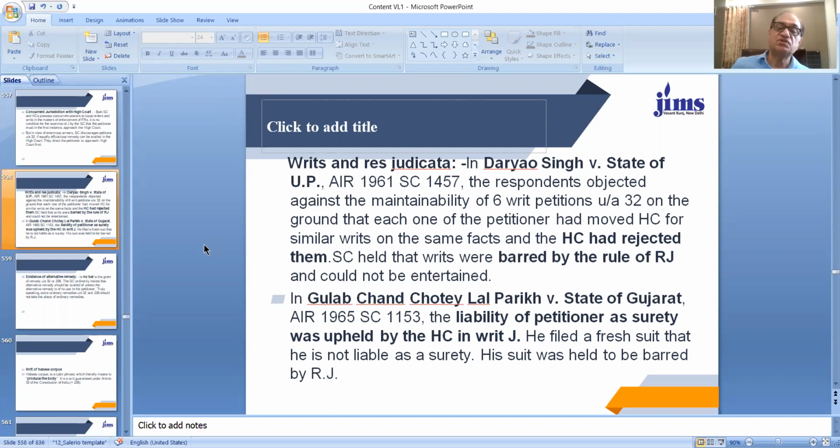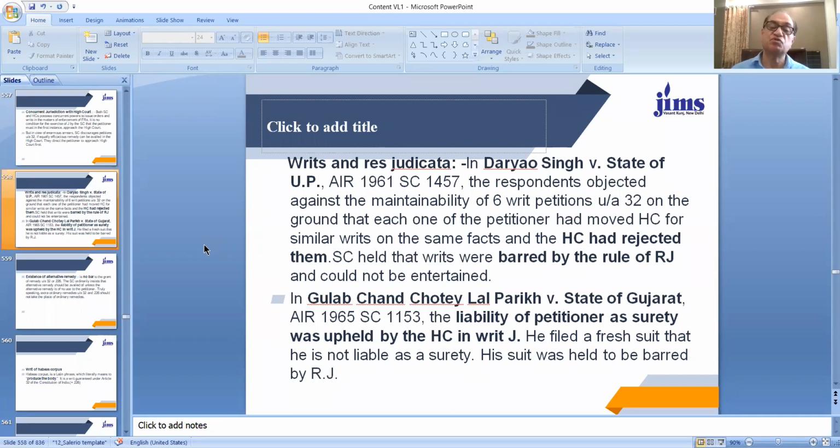Similarly, Gulab Chand Chotelal Parikh was liable as surety in a loan transaction, and this was held by the Gujarat High Court in a writ jurisdiction. After losing the writ in the High Court of Gujarat, Mr. Gulab Chand filed a fresh suit that he is not liable as a surety.